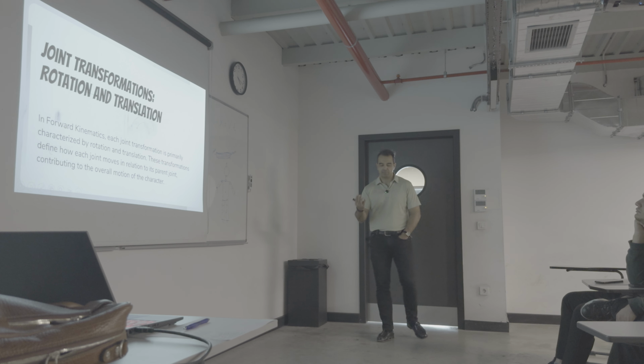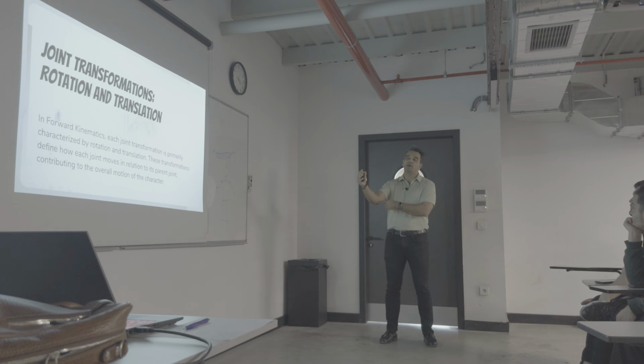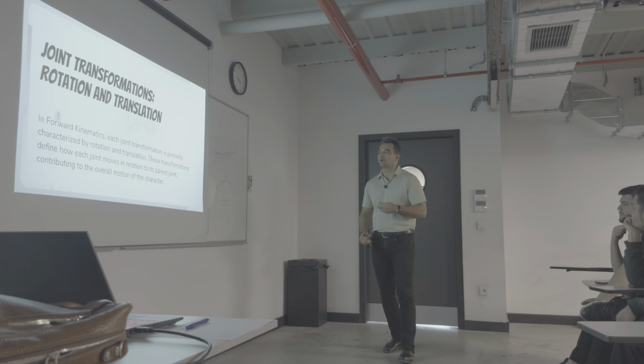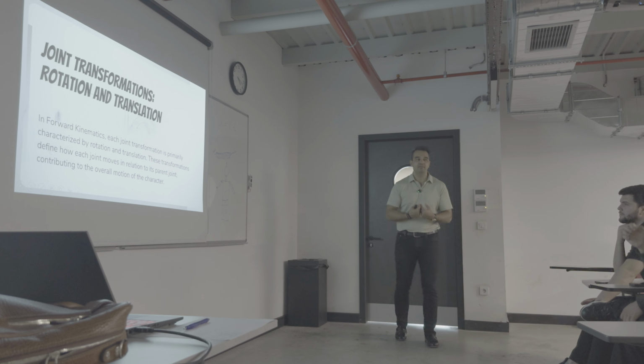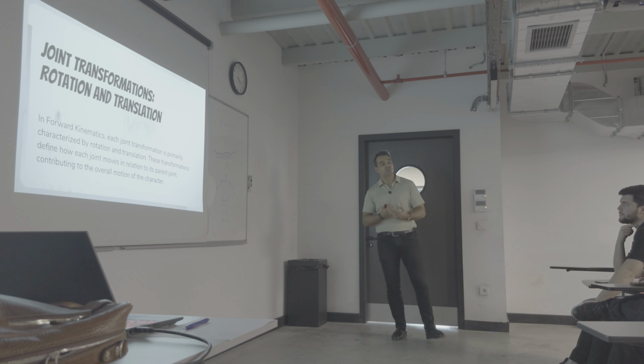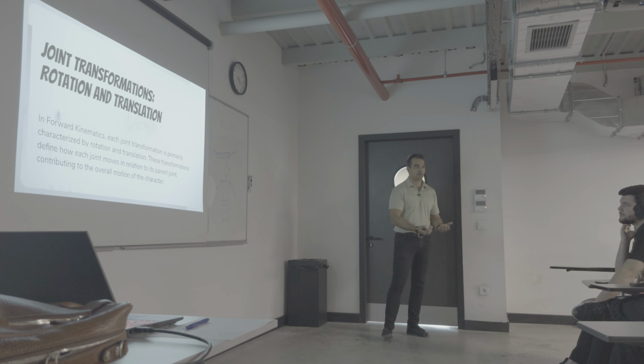For example, while moving my arm like this, I am making a swirl movement of my hand, but I am also moving the joints of my arms and the joints of my shoulders. These transformations define the parental joints with respect to the motion that I am doing or the character is doing. Okay?